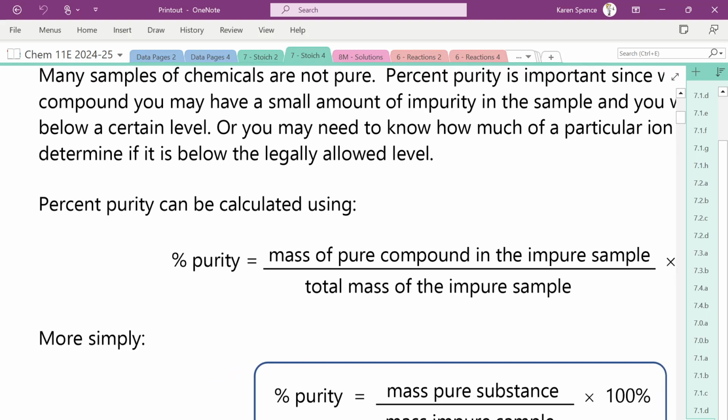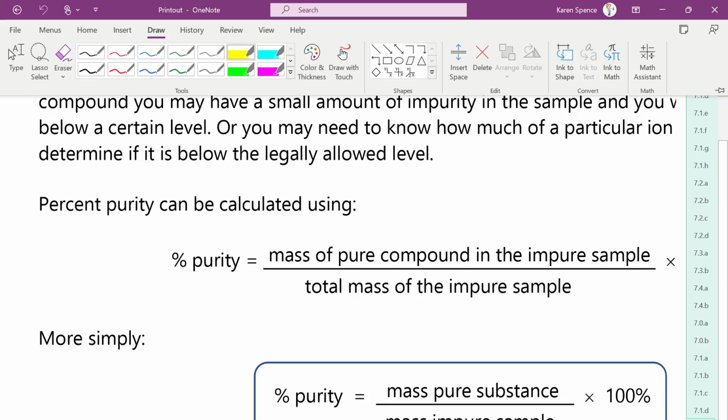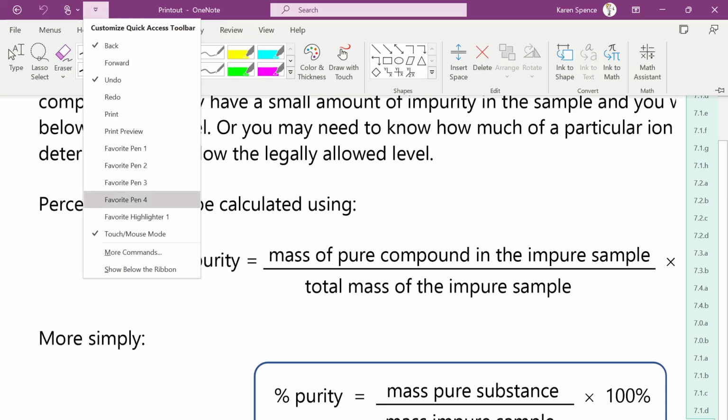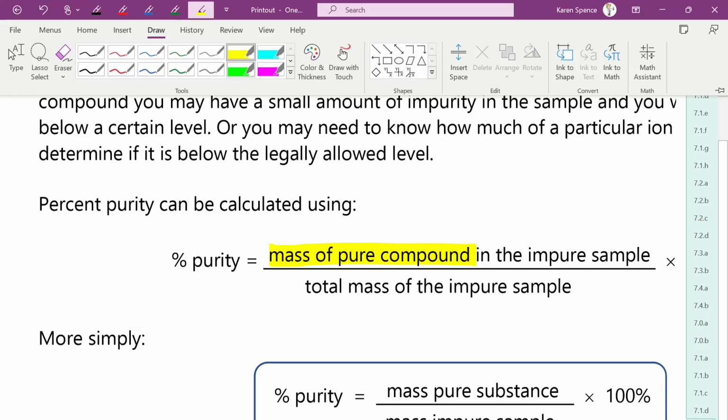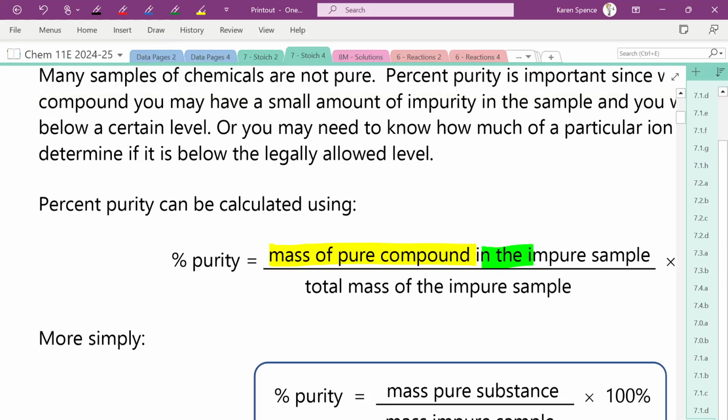So here is how we calculate percent purity. We take the mass of the pure compound in the impure sample over the total mass of the impure sample.